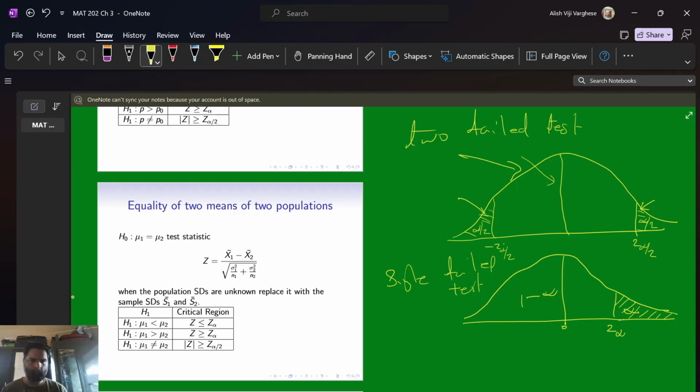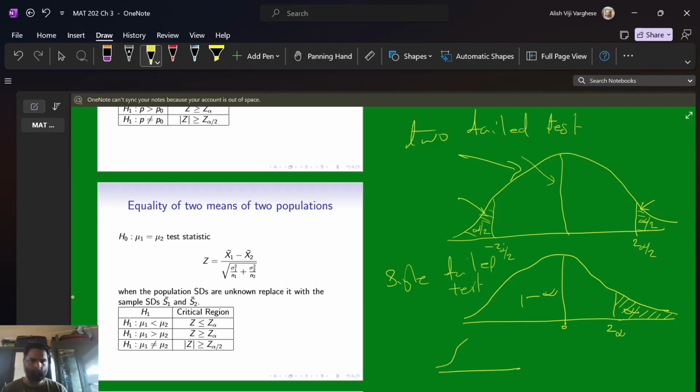If the alternative hypothesis is mu1 greater than mu2, this is our single tail test, or the critical region.